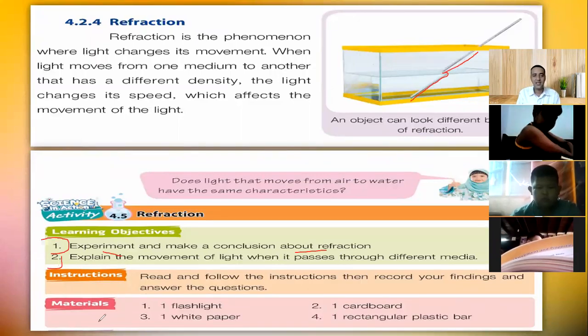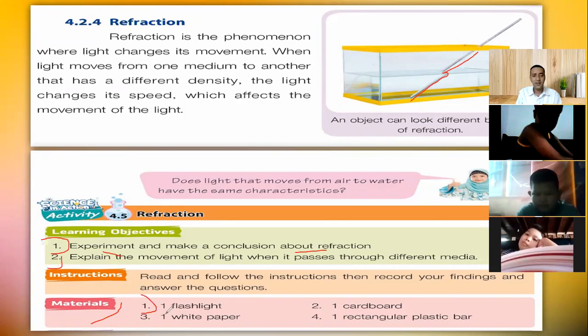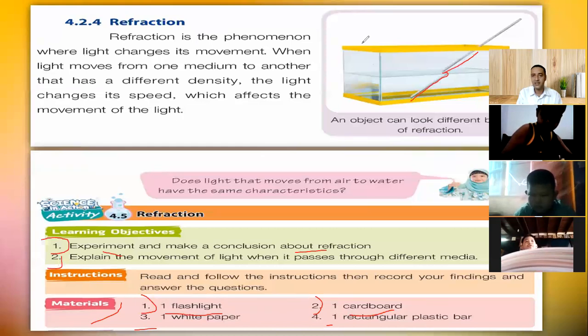Here we require some materials. What kind of materials do we require? We require 4 different materials. First, one flashlight. Second, a cardboard, any kind of cardboard. Third, one white paper. And fourth, a rectangular plastic bar.